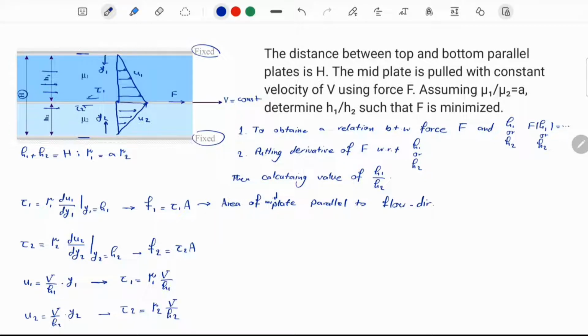Capital V is the velocity of the mid plate. Also, we had mu2 equals mu1 over a. So what do we have here then? Tau2 equals mu1 over a, capital V over h2. This is mu2 from the relation we had before.